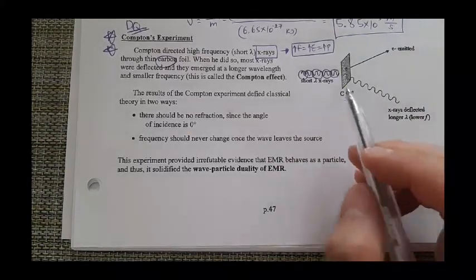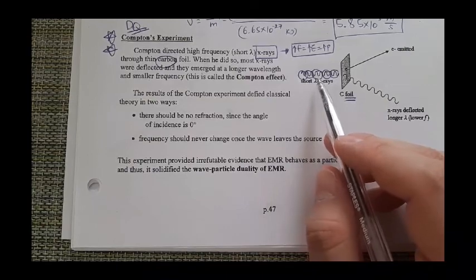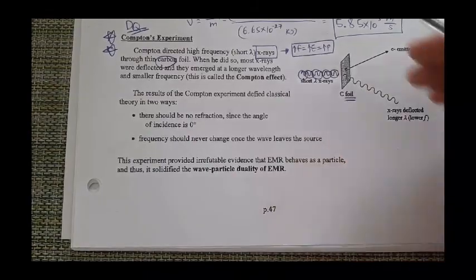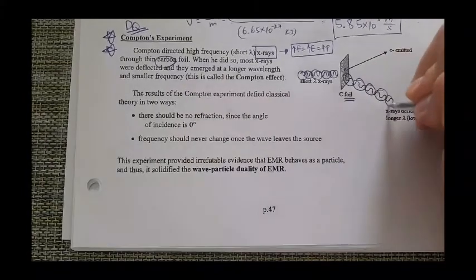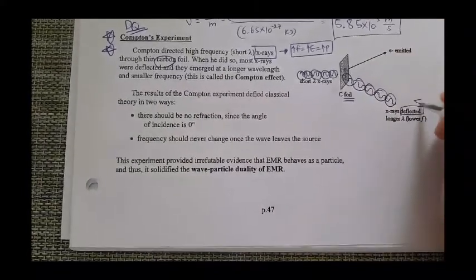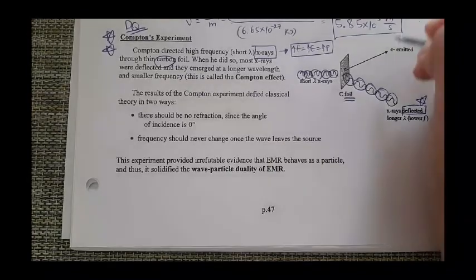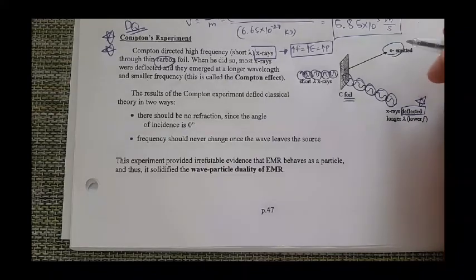But unlike what physicists who support the wave theory of a photon expected, as soon as that X-ray went through the carbon, yes, there was little deflection of the X-ray, but at the same time, like the curling example, we discovered that electrons also are emitted. There are some electrons discovered.